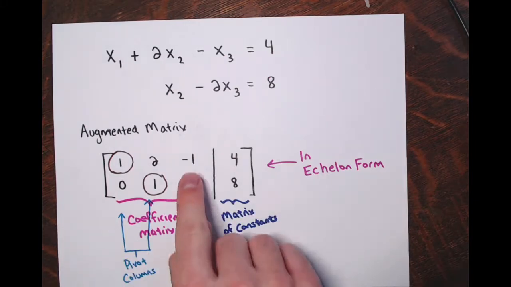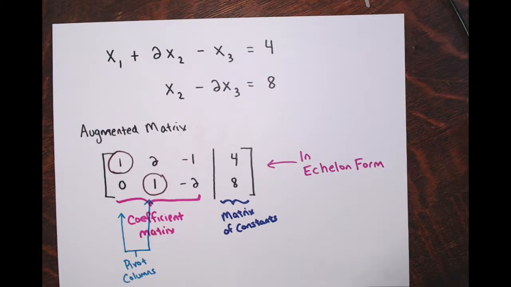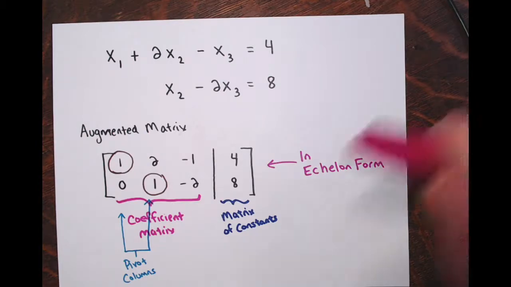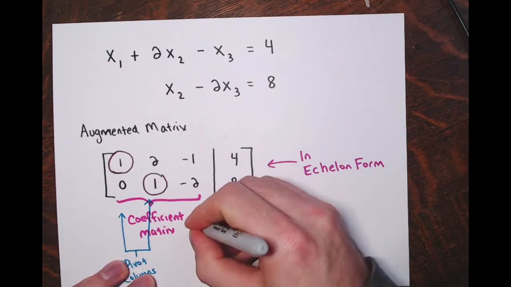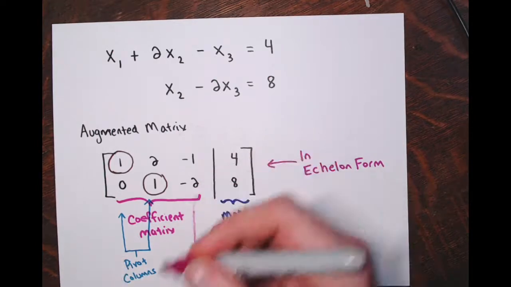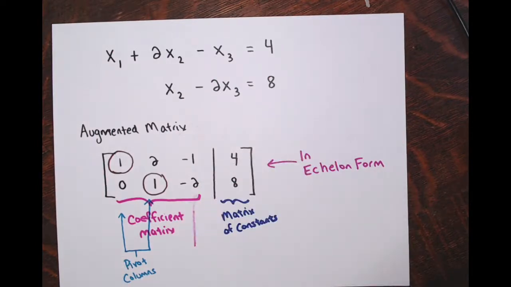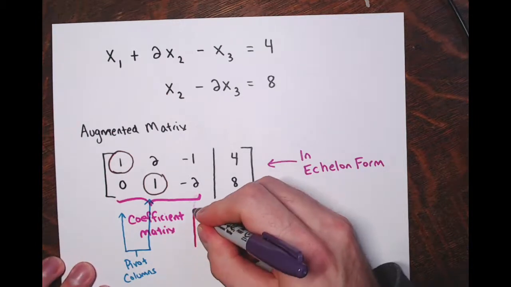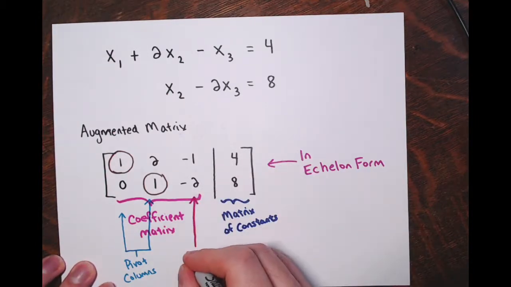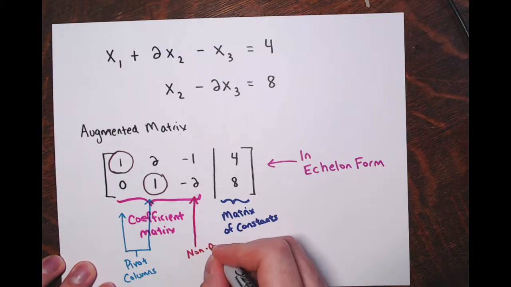And then column 3 does not have one of these leading entries. So column 3 in this coefficient matrix is a non-pivot column.